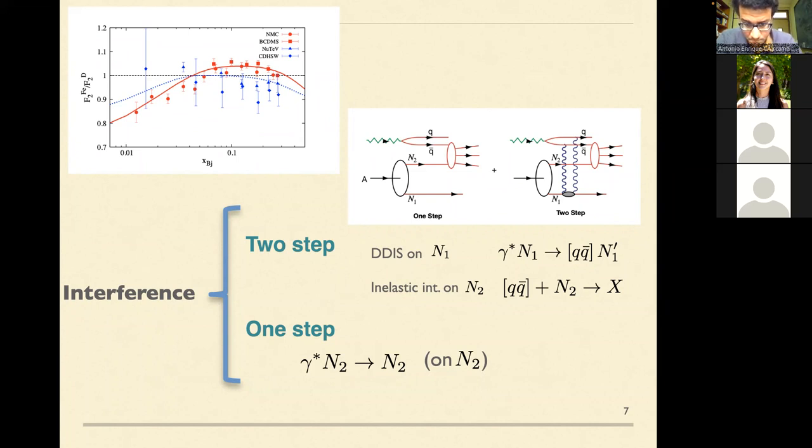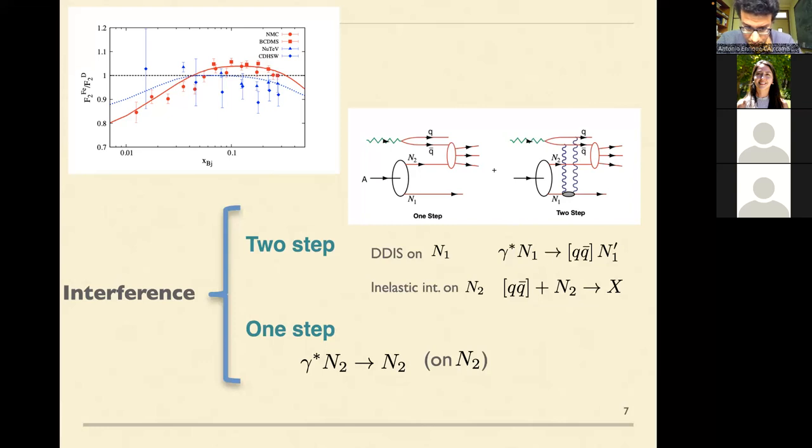So the idea is that when you have deep inelastic scattering on nuclei, in the frame in which the nucleus is at rest, you can see the scattering, as in the picture there, as a production of a QQ bar pair. And the QQ bar pair interacts in two ways.